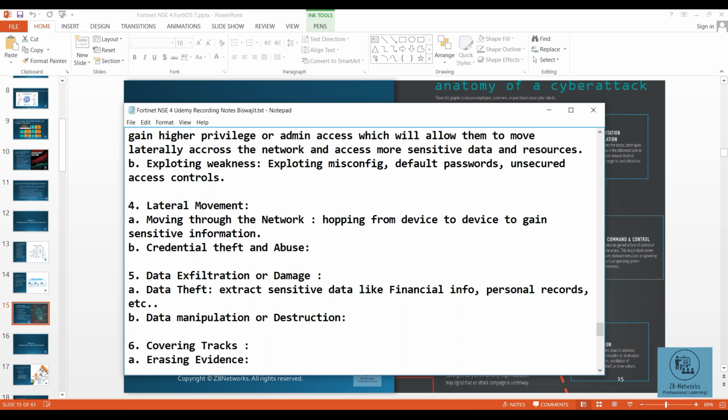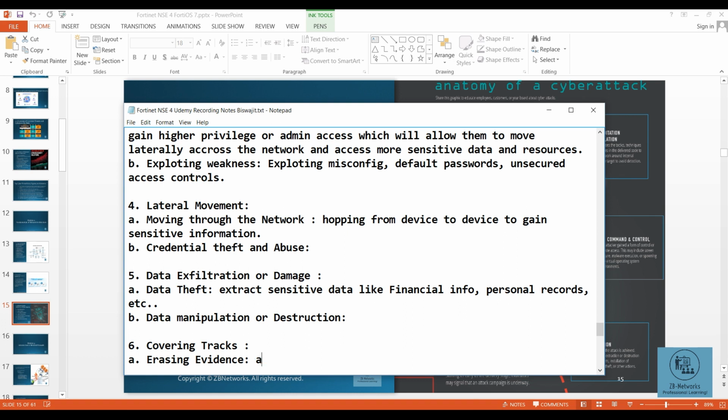In that process, attackers attempt to erase or alter the logs, because your network will have logs maintained by the devices, and the logs might be exported to some sort of logging servers, and attackers don't want that to happen. So they will attempt to erase those logs or alter the logs.